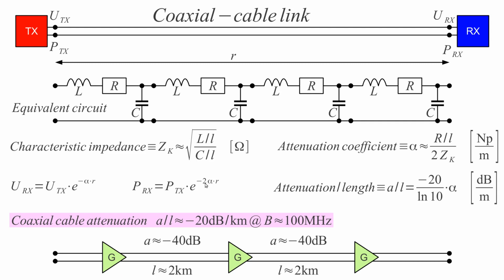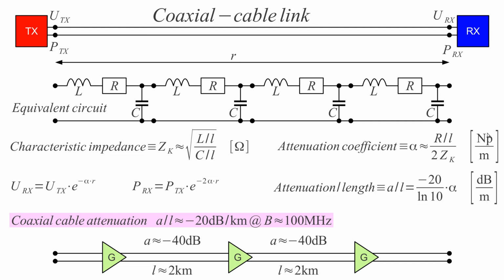Power, of course, goes with the square of the voltage. Since this voltage is given on the characteristic impedance, and both transmitter and receiver should be matched to the characteristic impedance, power goes with the square. The attenuation per unit length of this line is usually given in decibels per meter.